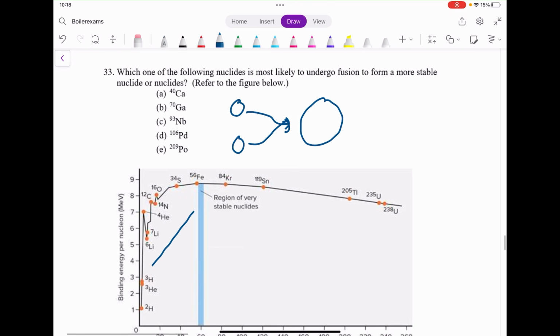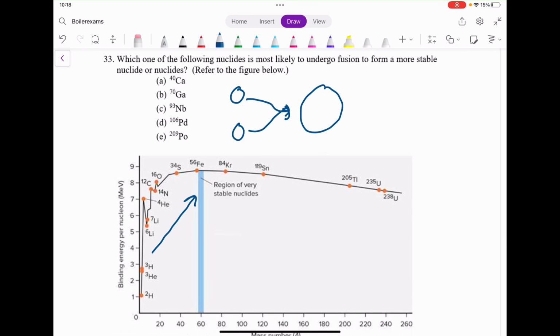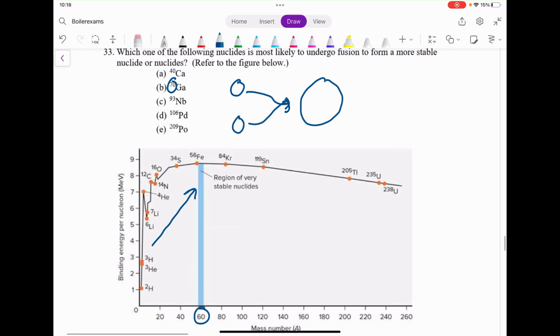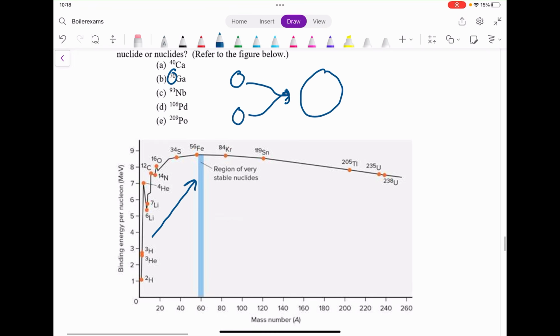Fusion occurs on this side because these are the smaller atoms. So generally it's going to be things with mass numbers less than 60. Gallium, wait, this is mass number. They're proposing gallium with mass number 70.